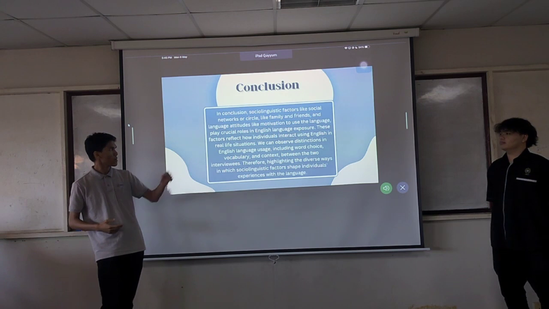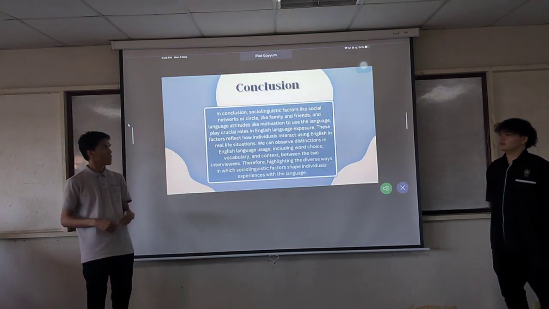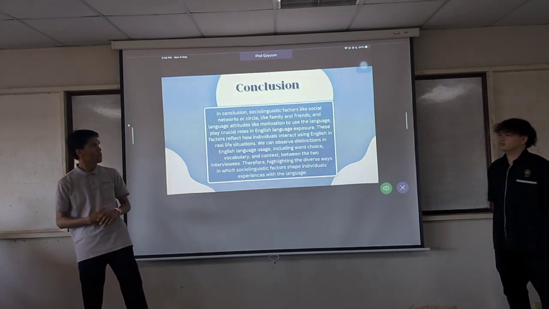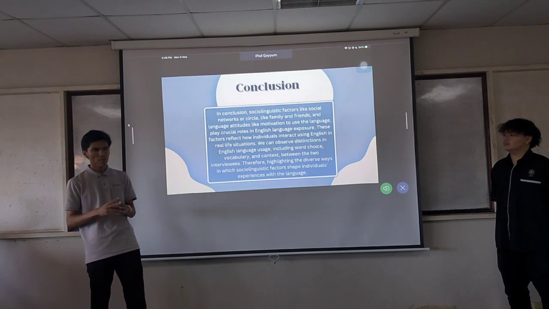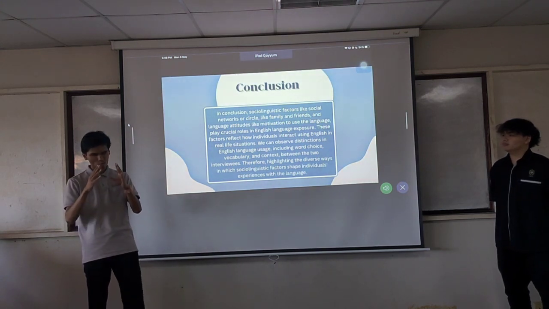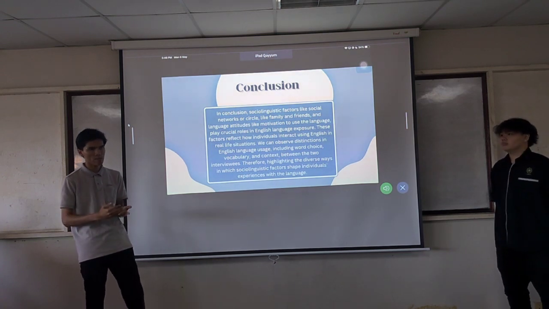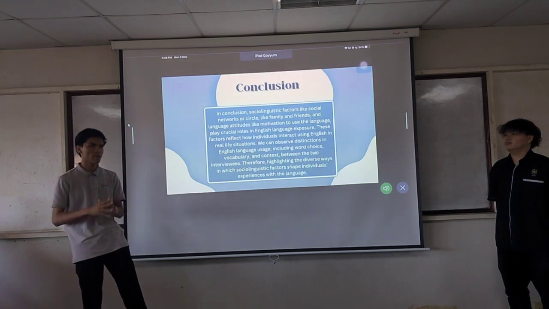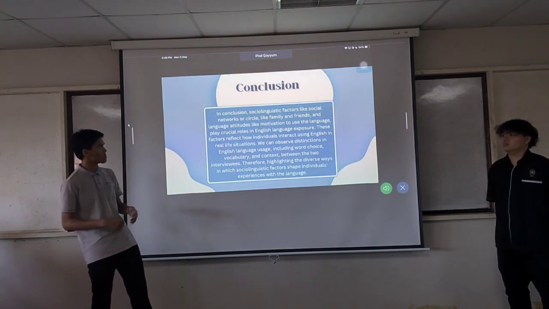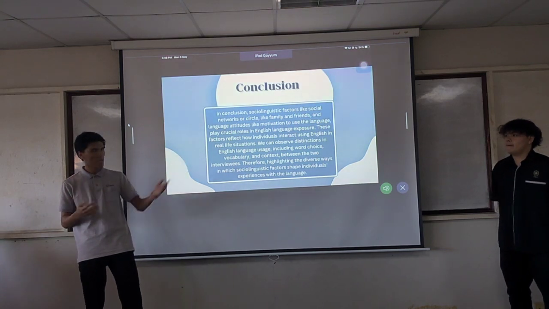You can see factors such as the social network or social circle, like family and friends, and the language attitude that a person decides to take in order to learn a language. Like they can learn the English language, they can learn the Arabic language, but it's all the attitude of the person in order to learn the language.